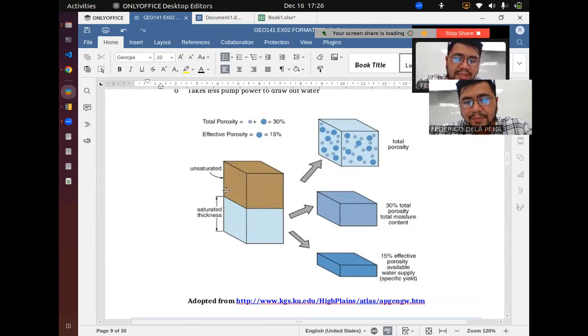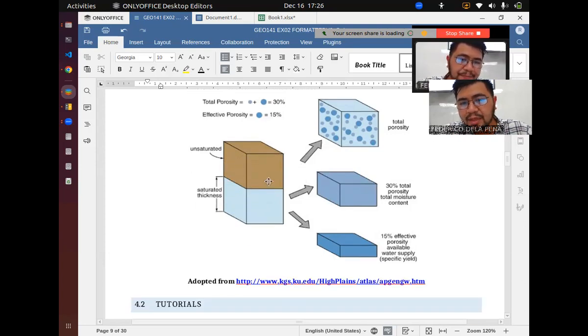We're going to simplify it into a percentage, a very simple division of volume. You have your water and then your soil. Then we can further split up this water into your moisture content or your specific retention, or the water that tends to stay with the soil.